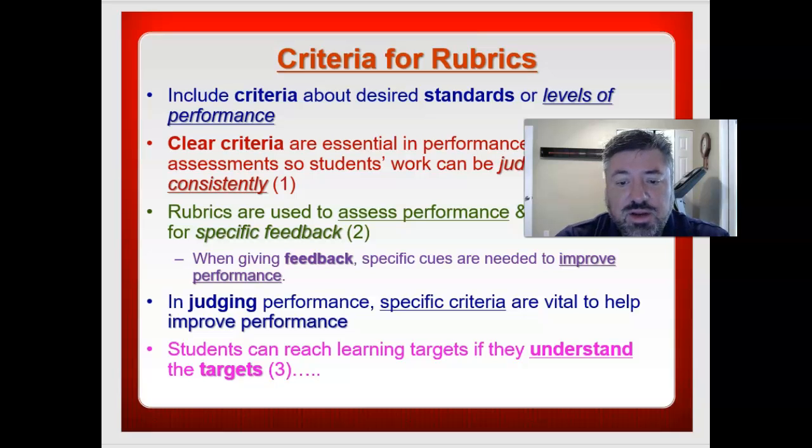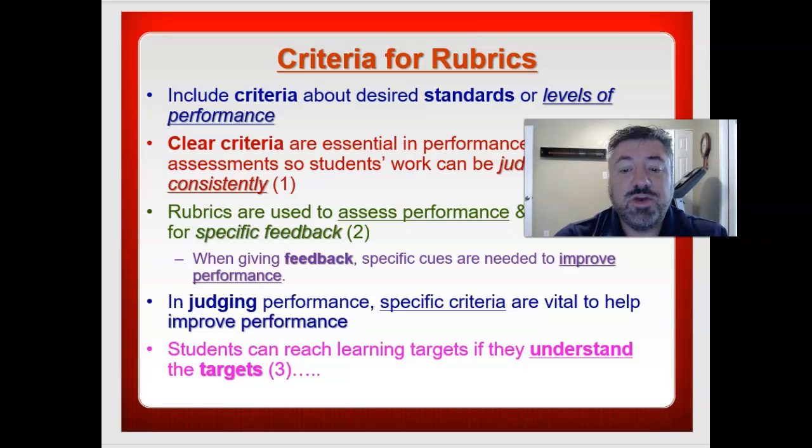All right? In judging performance, the specific criteria are vital or critical to help improve that performance. We don't just look at the results, right? 9 out of 10, 90% is results. But did you use the form correctly? That's what we're going to look for when using a rubric. They'll help us judge the performance or knowledge of performance.